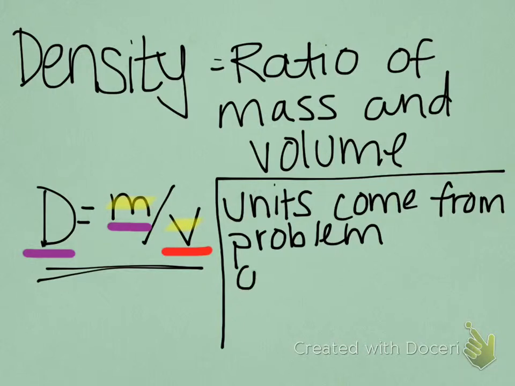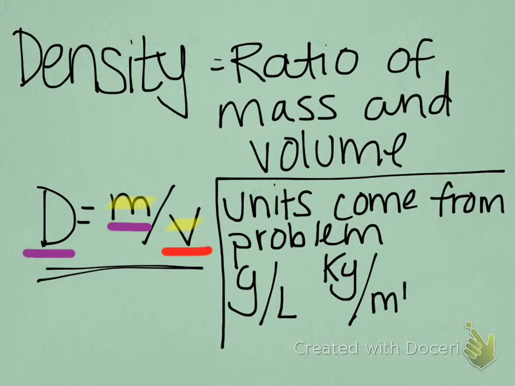So you might have grams over liters. Grams is your mass unit, liters is your volume. You could have something like kilograms per milliliter. This is your mass unit, this is your volume.